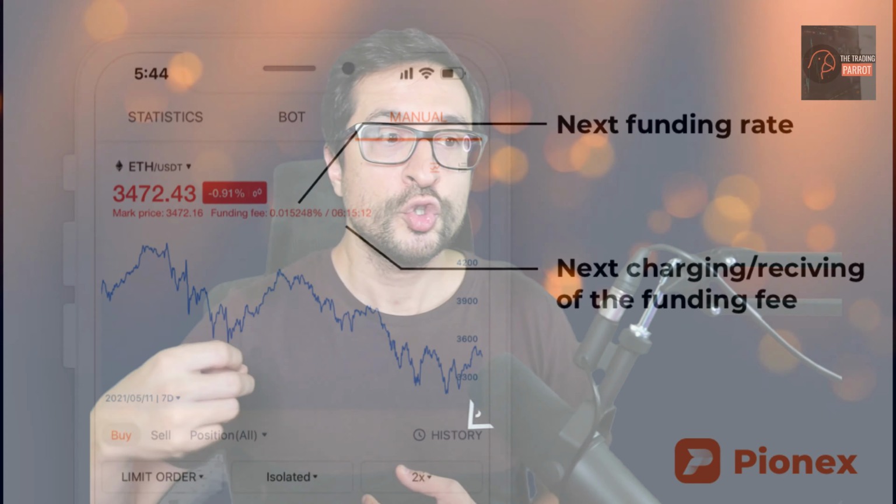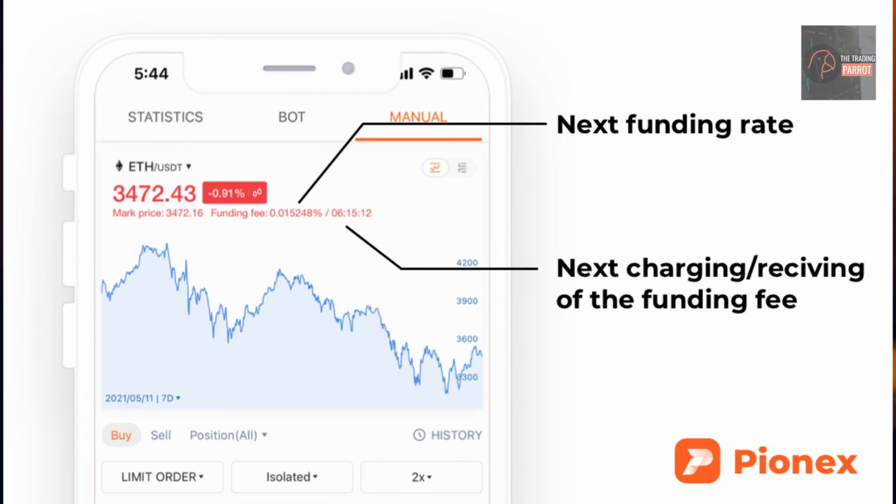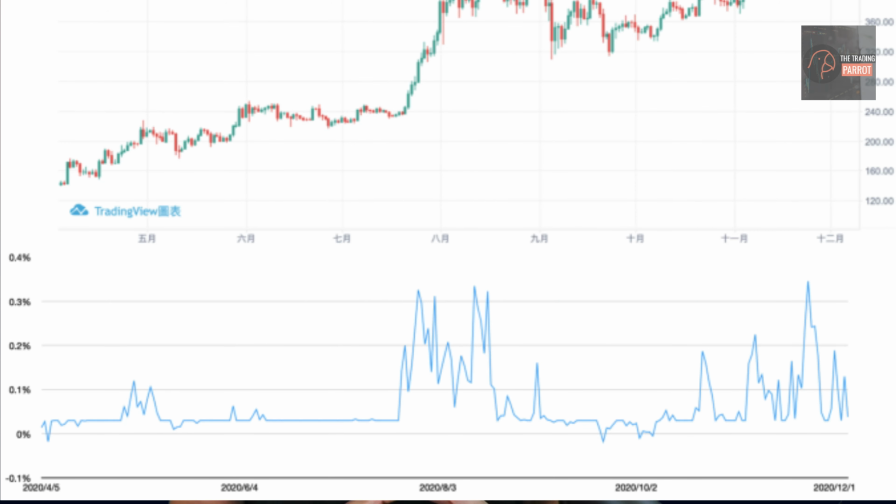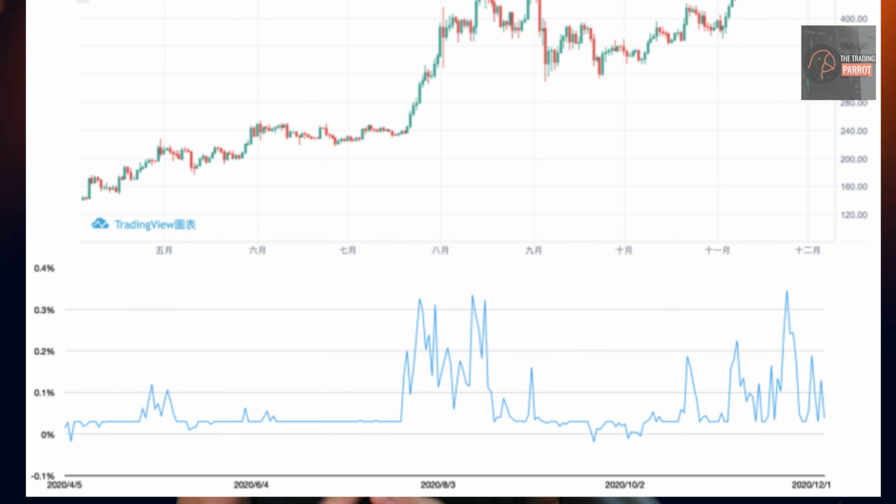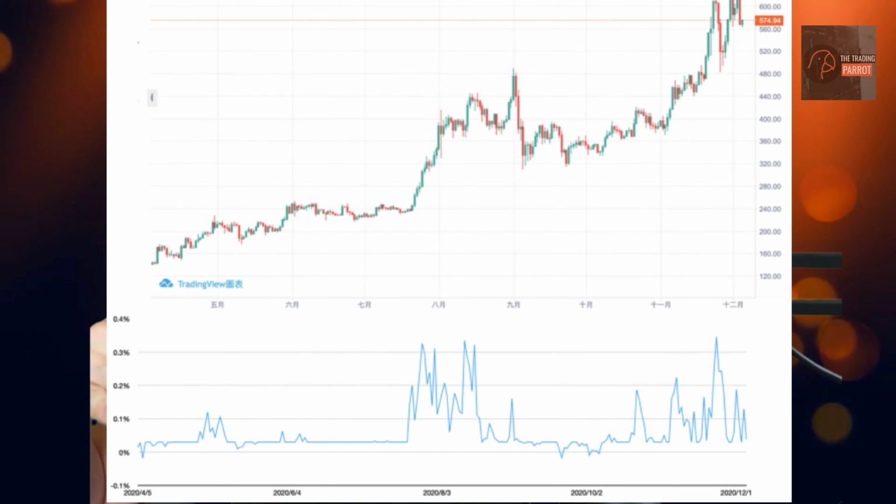Therefore, the only way that Binance has to maintain the price of the perpetual similar to the spot price of Bitcoin is by charging these funding rates to the longs or to the shorts, and then giving those fees to the opposite. For example, if at the moment most of the people are doing longs on BTC, in order to maintain the price the same as the spot, they are going to charge the funding rates to all the longs, and they're going to give those fees back to the people that are doing shorts.